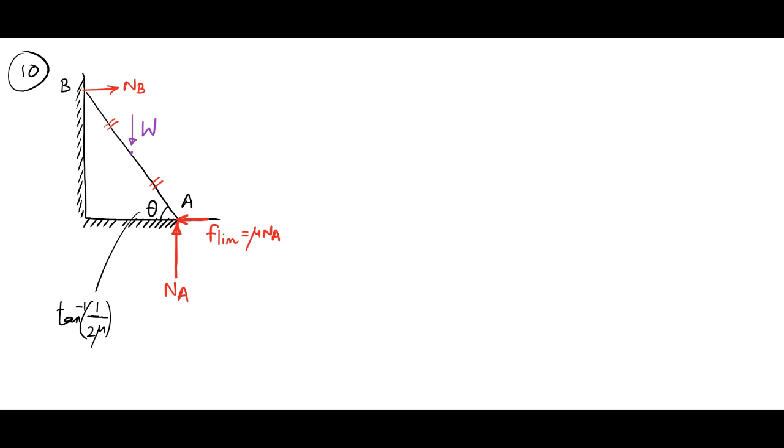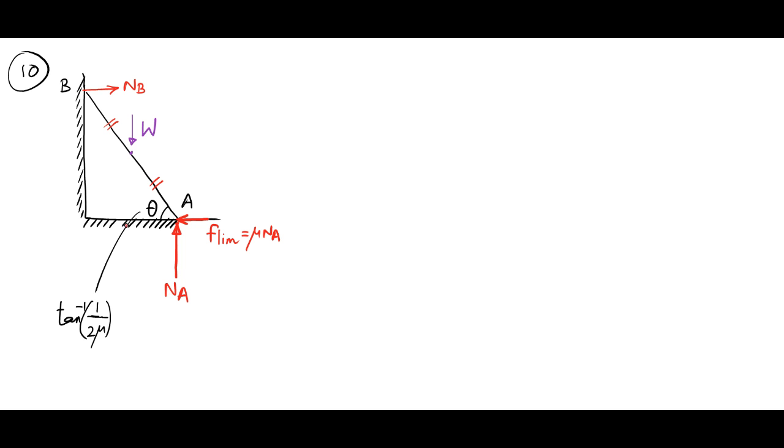Now just think for a moment, will this whole picture change if the weight of this uniform ladder changes? If I do the same experiment with a heavier rod, but everything else is the same, that is the value of mu is the same, then don't I get the same value of theta?